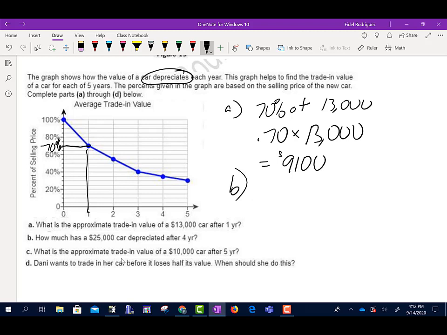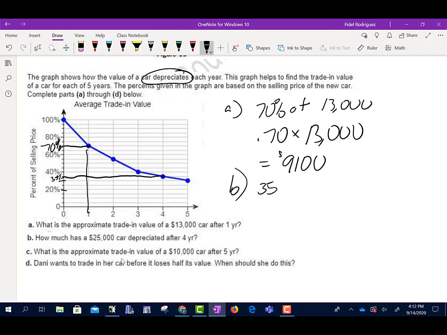Part B says, how much has a $25,000 car depreciated after 4 years? So we go here to 4 years, and I go over to the left. So this is 20, and this would be 30 right here in the middle. So this would probably be about 35%.